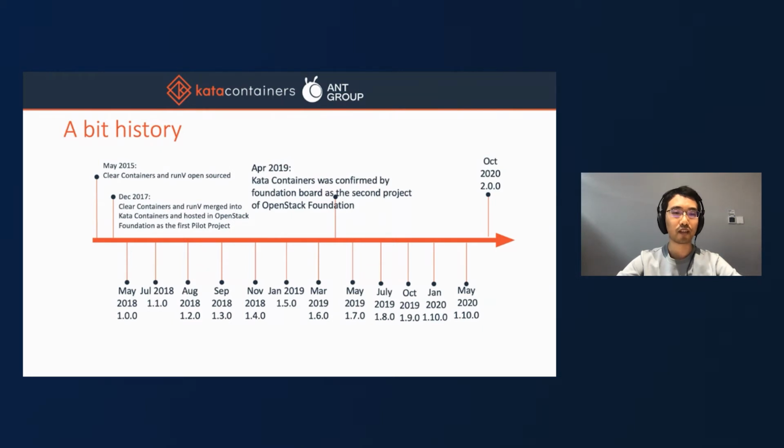The two projects were announced almost the same day, and they aim to solve the same problem, that a traditional runC container is not secure. And they chose the same approach, because we both want to use the virtualization layer to harden the isolation.